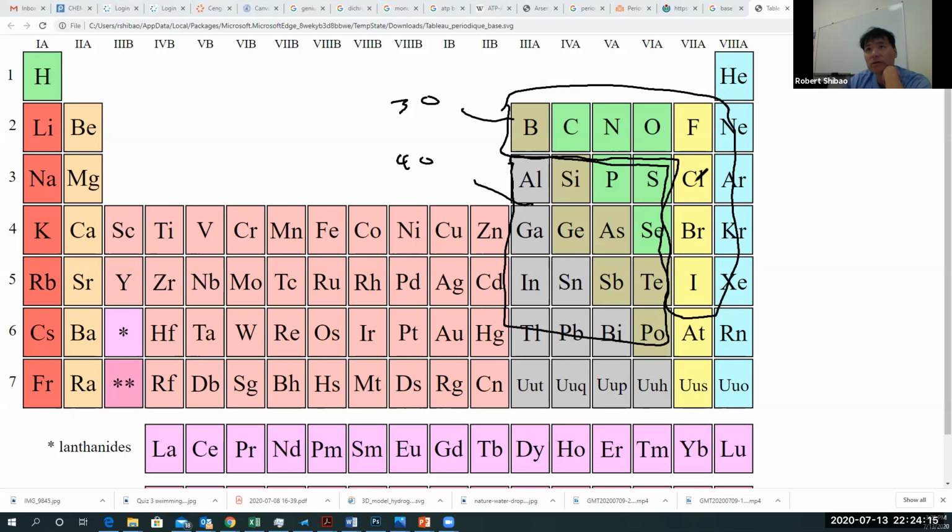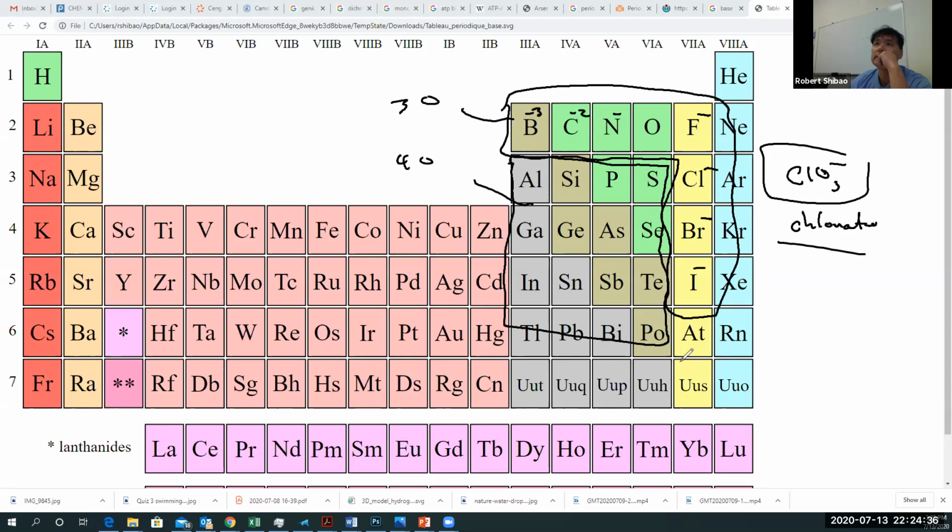So chlorine is 3 oxygen. So ClO3, that's chlorate. Chlorate. And then the charge, so it goes -3, -2, -1 minus. ClO3 minus is chlorate. That's how I do it.